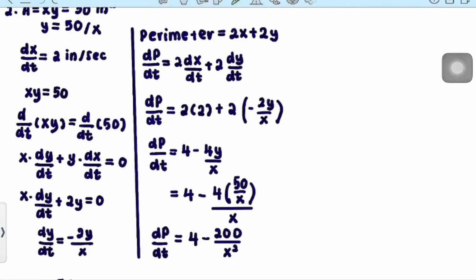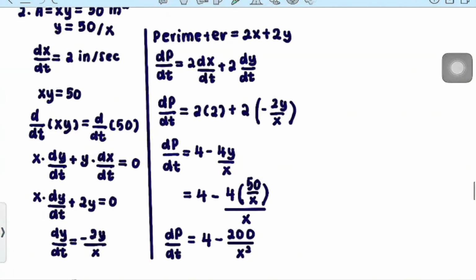So now in the perimeter equation, we already have the dx over dt value here, and now we need to find dy over dt.